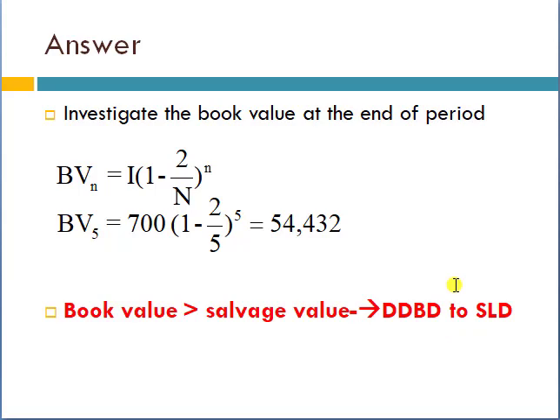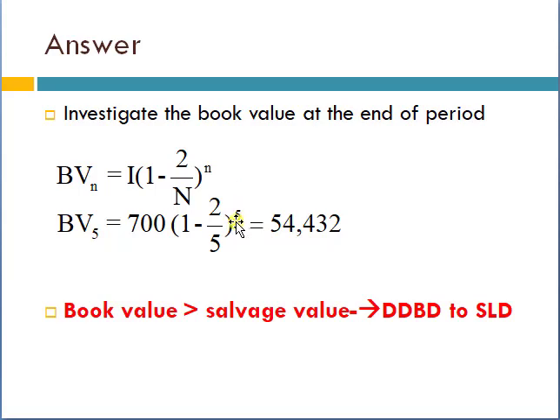My clue is, the first thing you have to do is look carefully at the book value. Just investigate the book value formula: investment multiplied by 1 minus 2 over big N, to the power of little n. So I put 100 in here, multiplied by 1 as a constant number in the given formula, minus 2 divided by 5, to the power of 5. 5 is the end of the useful life.